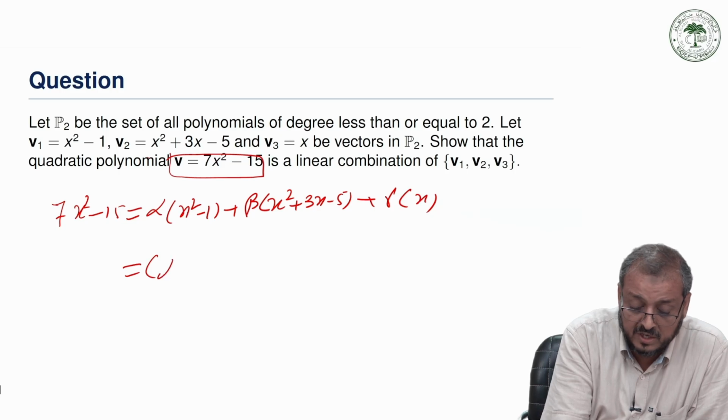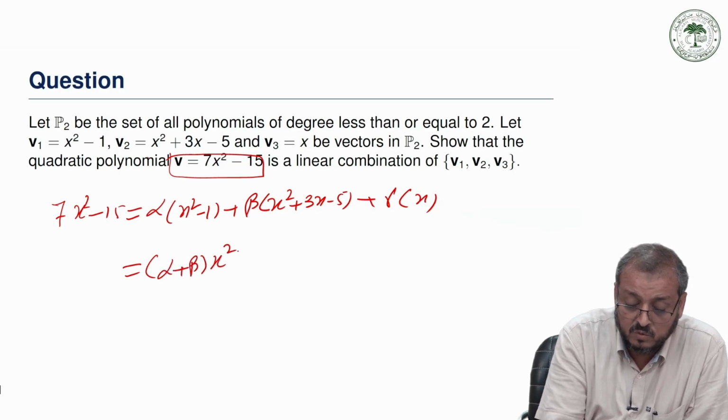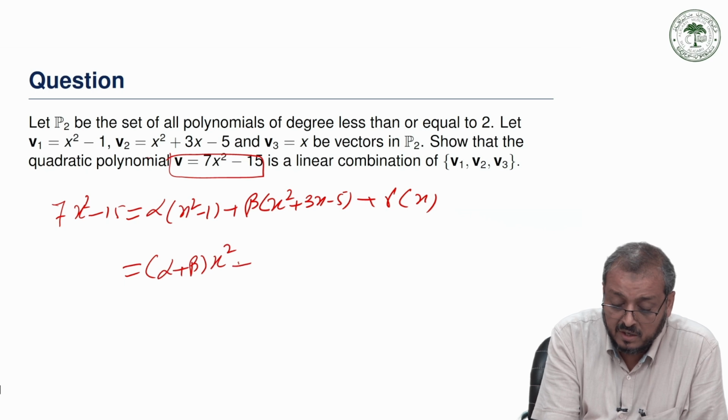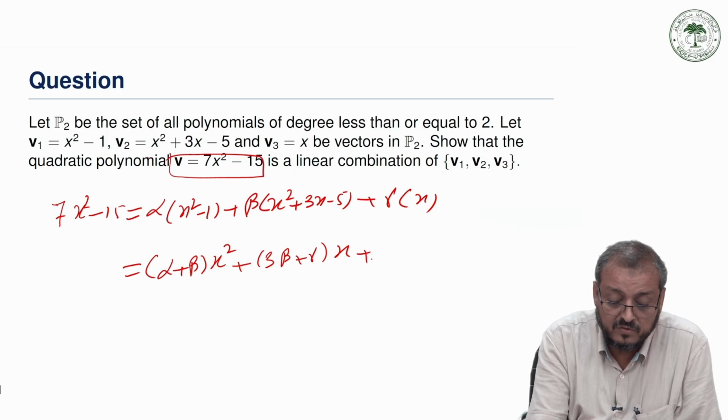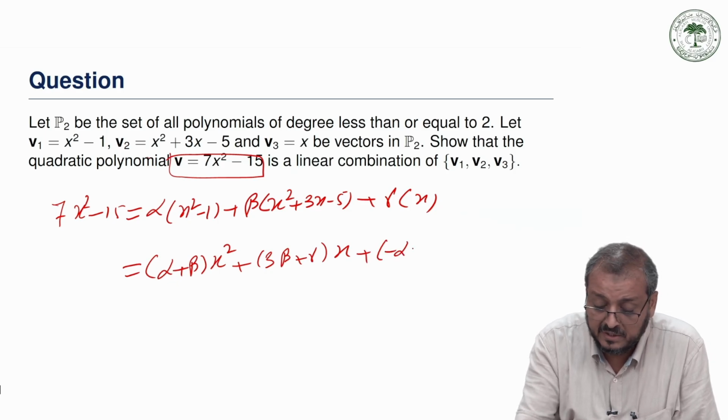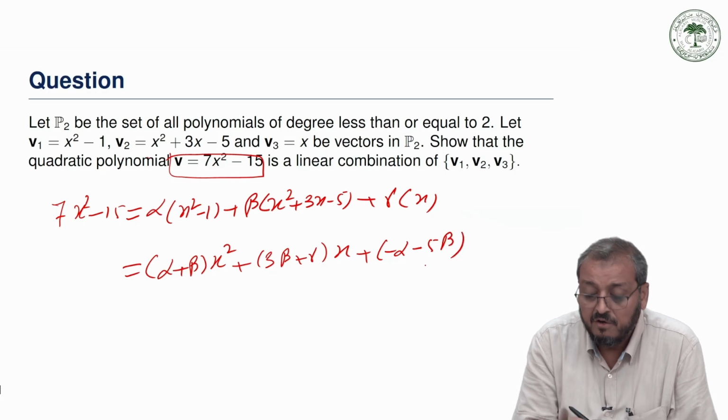So we have to compare the coefficients of x square and the other powers. We have alpha plus beta for x square, then 3 beta plus gamma for x, plus a constant term, which is minus alpha minus 5 beta.